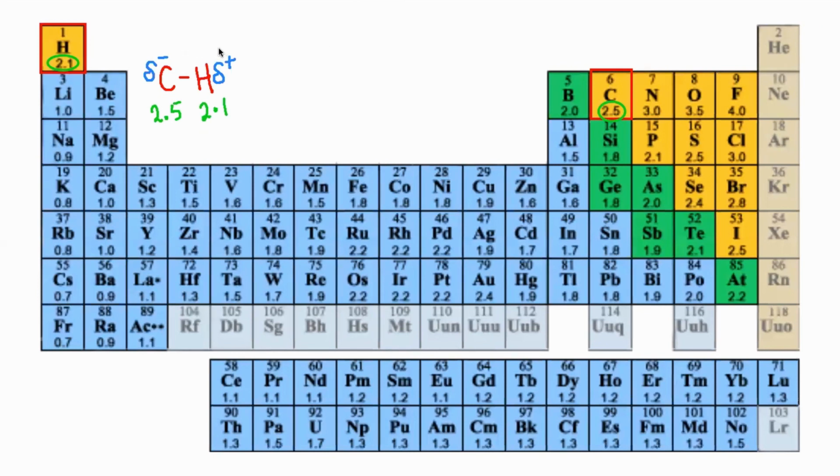Then we can draw a dipole to represent that. And the dipole is going to be pointing towards the more electronegative atom. In this case, it's going to be carbon.